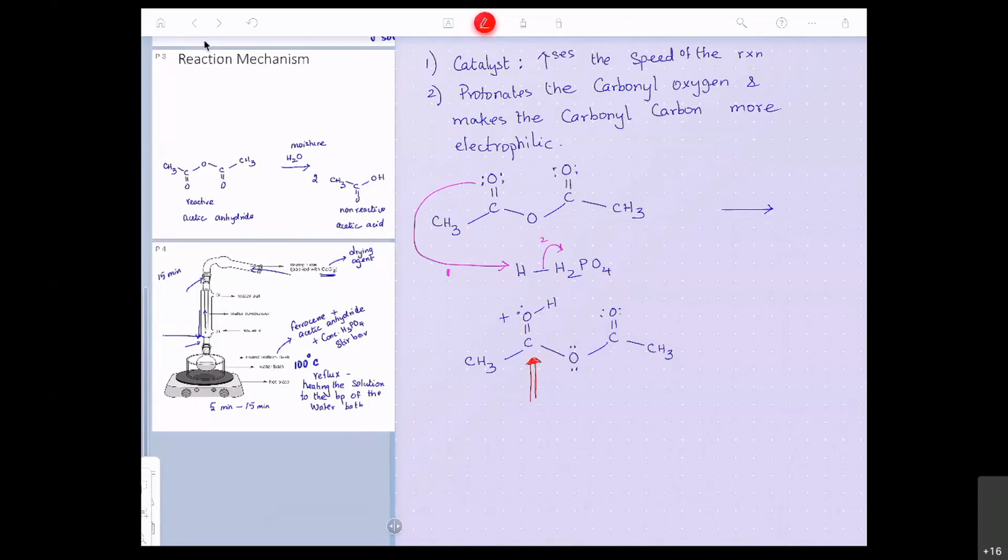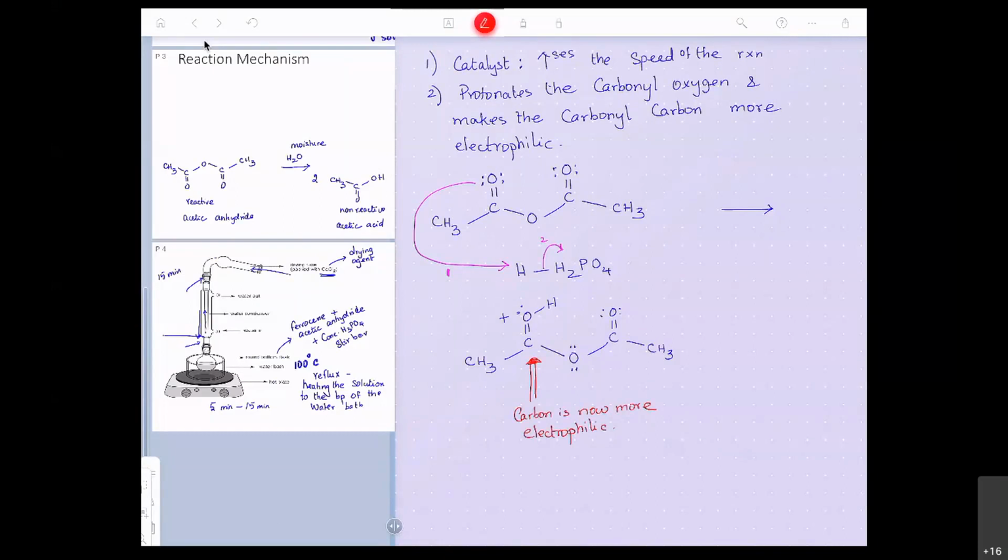So the positively charged oxygen will pull the electrons towards it. So carbon is now more fond of electrons, more electrophilic. So that should be enough to answer this question. Okay, that's how it increases the speed of the reaction. But when you look at it mechanistically, it protonates the carbonyl oxygen.